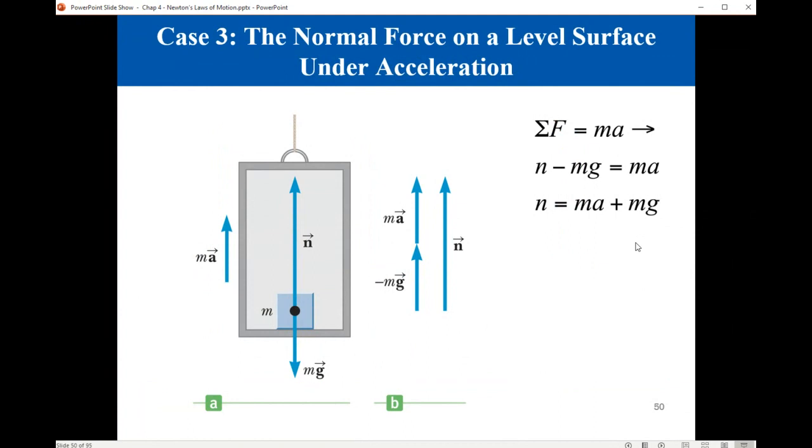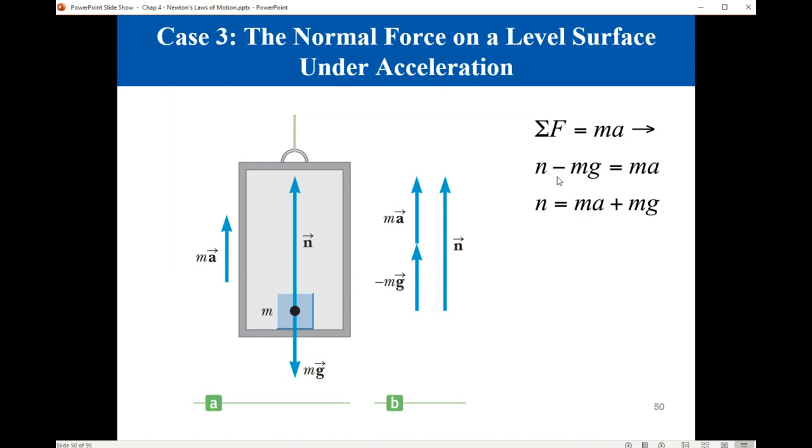Now we will change a few things. Imagine the same object, but now we have an elevator. The object now is accelerated upward with some acceleration a. So now when you apply Newton's second law, F equals ma, a is not 0. a has a positive value.